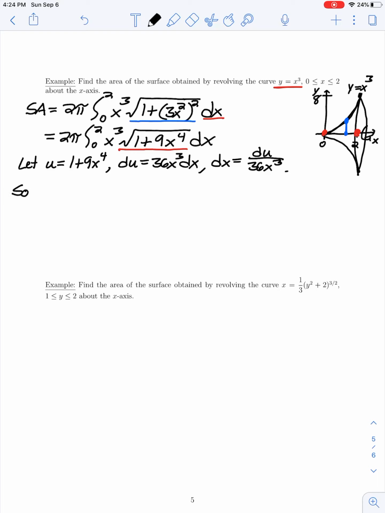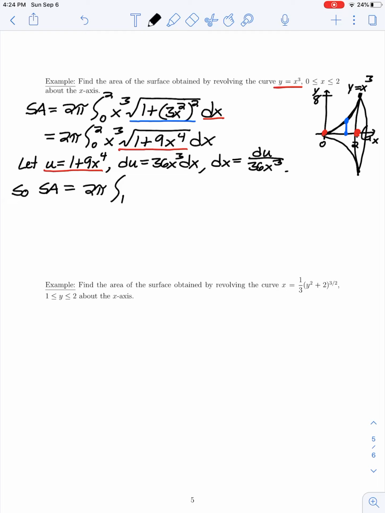So let's rewrite our integral for the surface area in terms of u. So we had this constant 2 pi out in front of our integral, and in our original integral, the lower limit of integration was x equals 0. So if we take x equals 0 and substitute into the formula for u, we would find that u is 1. So that will be our new lower limit.